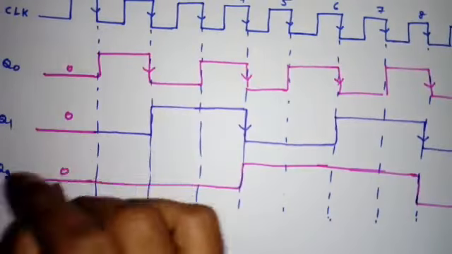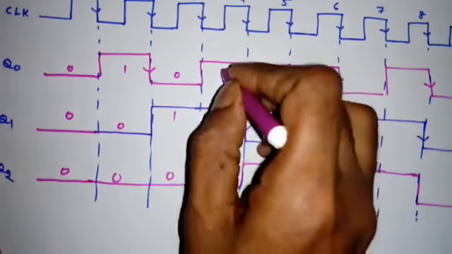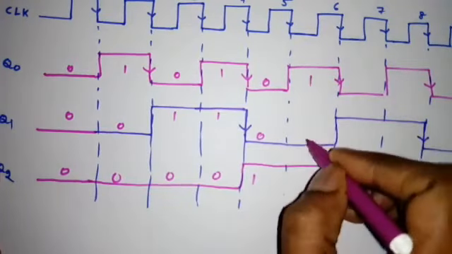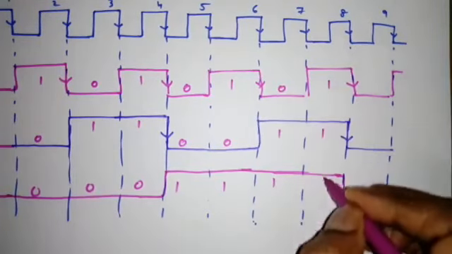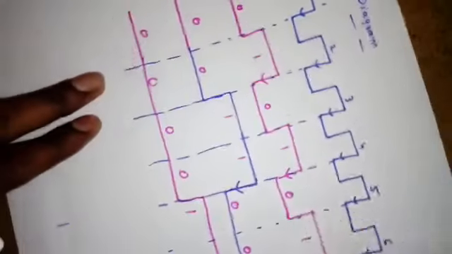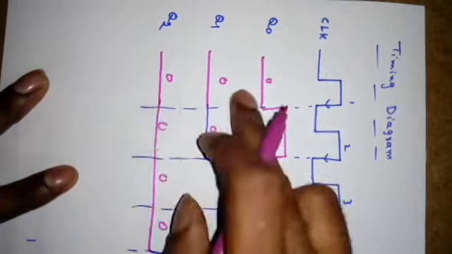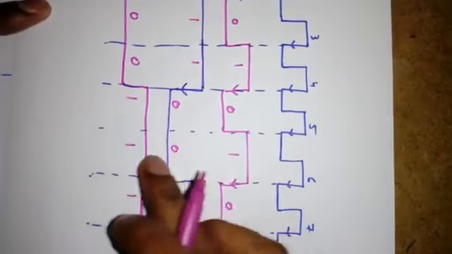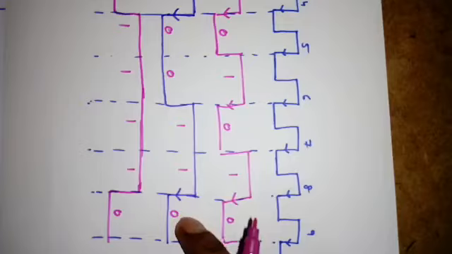Now if you see, reading Q2, Q1, Q0, Q2 is MSB and Q0 is LSB: 0 0 0, 0 0 1, 0 1 0, 0 1 1, 1 0 0, 1 0 1, 1 1 0, 1 1 1, then it comes back to 0 0 0 again.